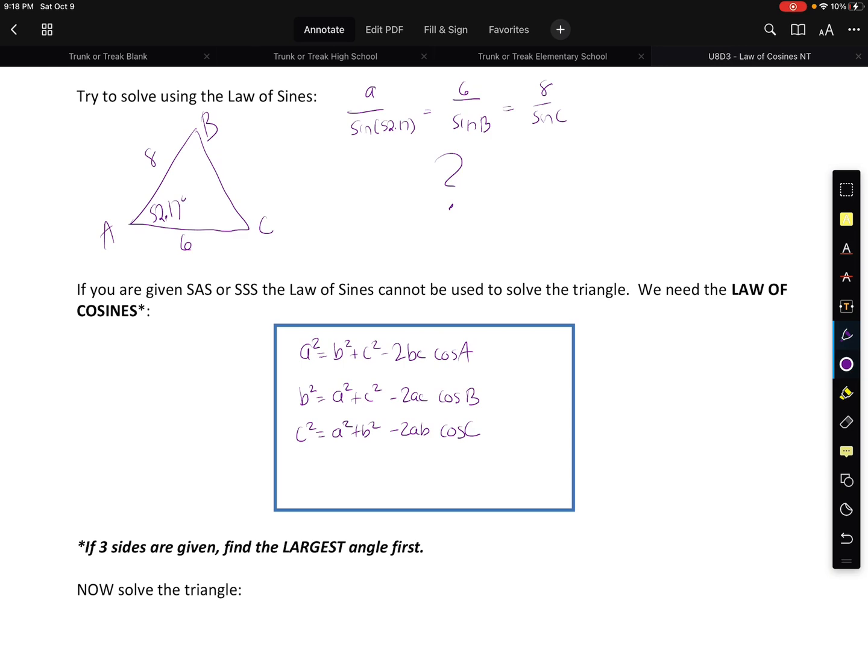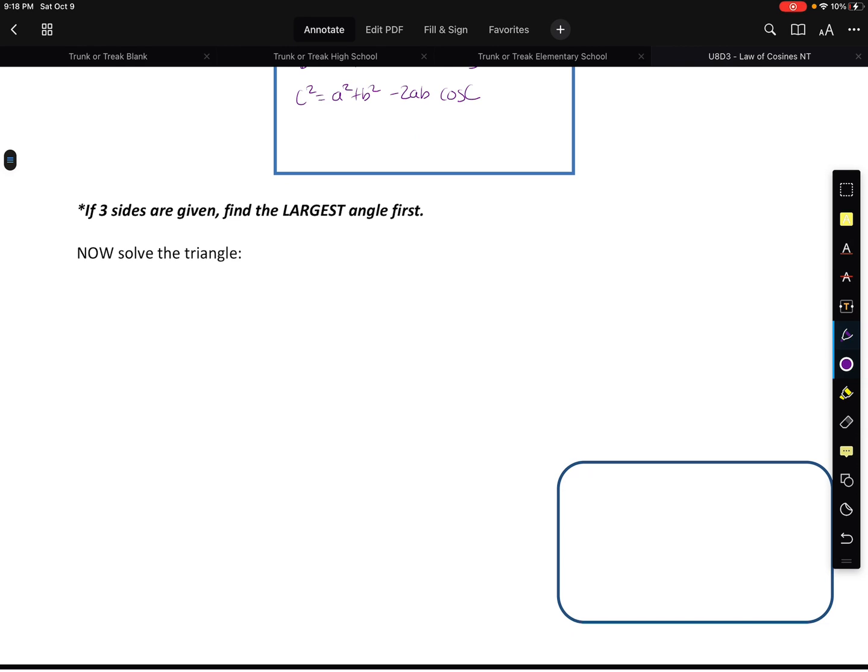So going back to our original problem, let me redraw it down here. We have our triangle A, B, C, with 52.17 degrees. B is 6, C is 8.